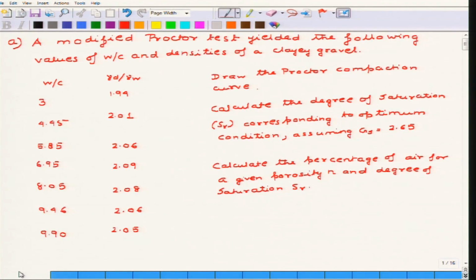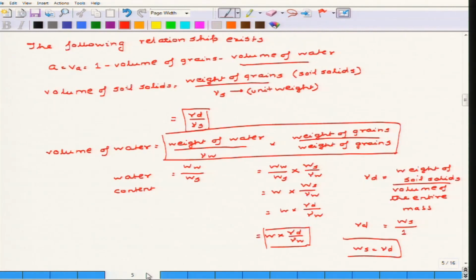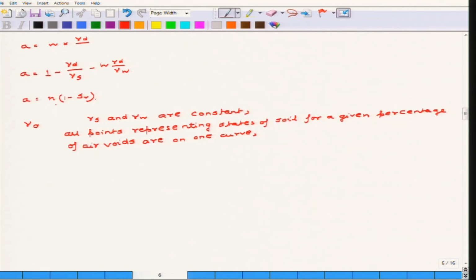And this is what we have to find out, because the percentage of air for a given porosity n and degree of saturation S_r we have already found out. This is the percentage of air voids for a porosity n and degree of saturation S_r.